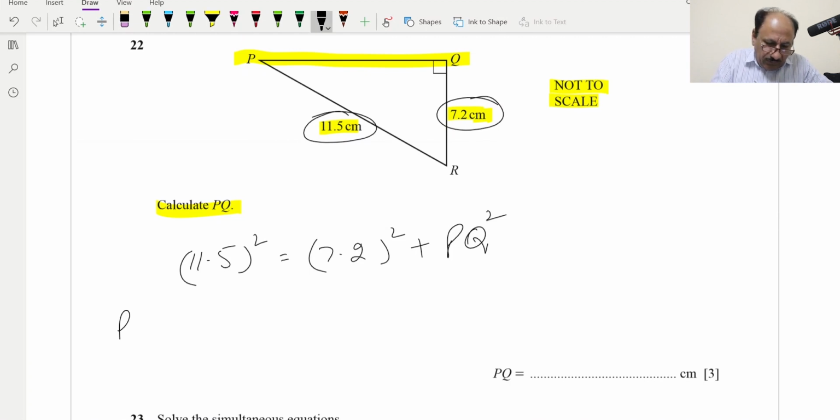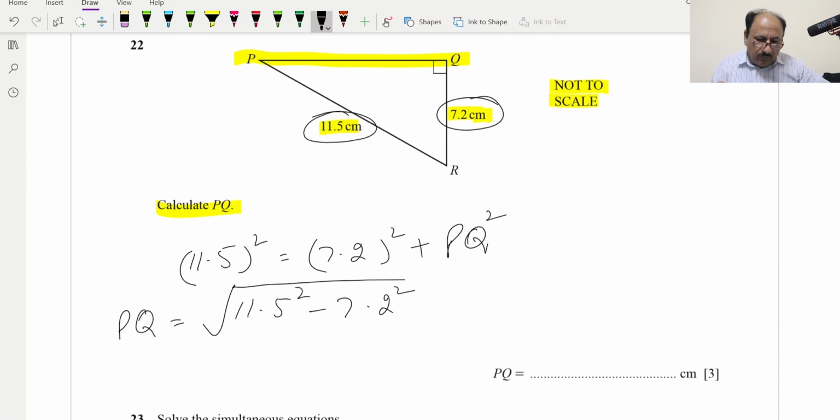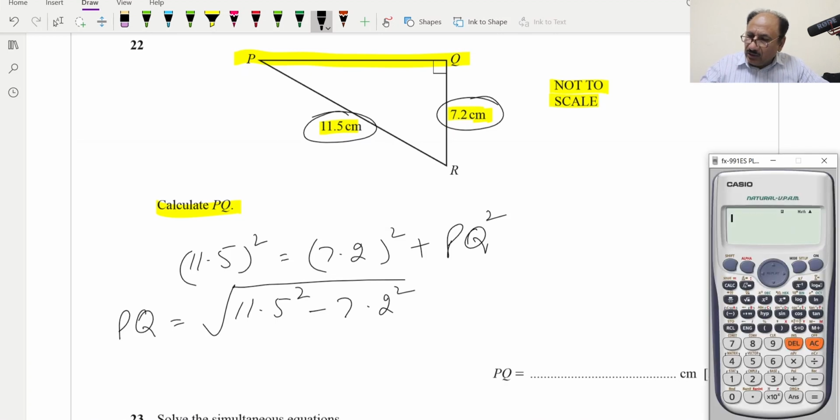Now we can find PQ is equal to 11.5 squared minus 7.2 squared, under a root, because we are removing the square of PQ. I'm shifting 7.2 squared to the other side, and the rest we just have to do with the calculator.